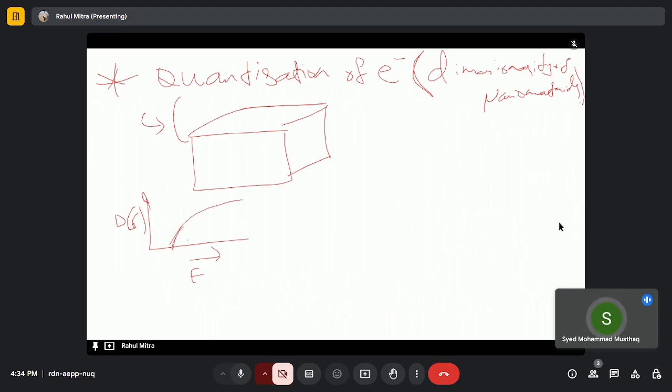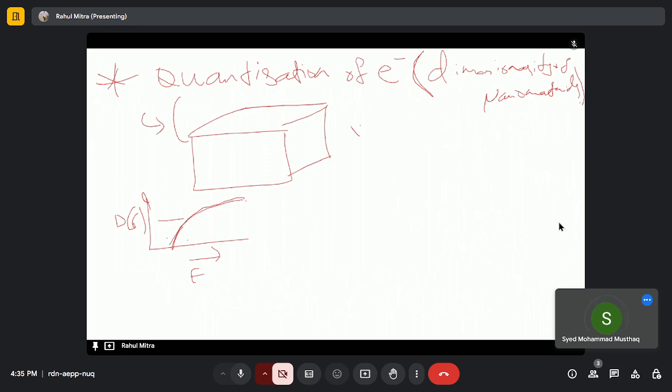It is a smooth curve. The electrons can occupy different energy levels from here to here. There is no restriction that the electron cannot take this energy value, right? So that's how it is. And for the 3-dimensional particle, there is no restriction, right?